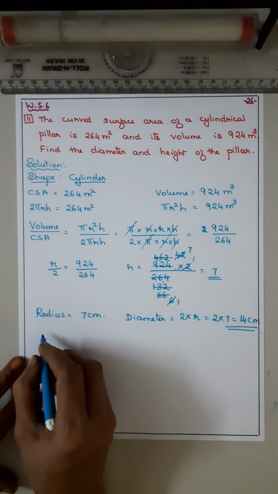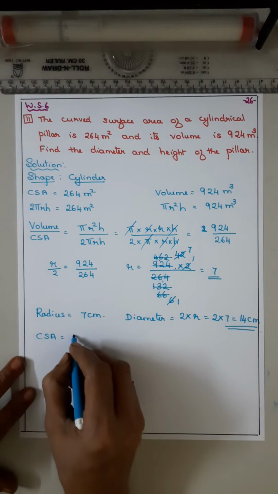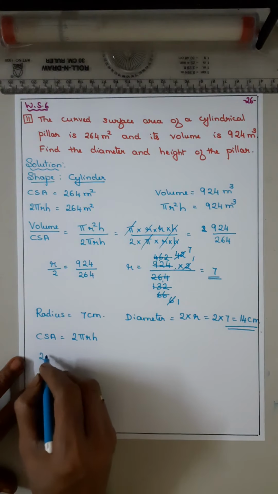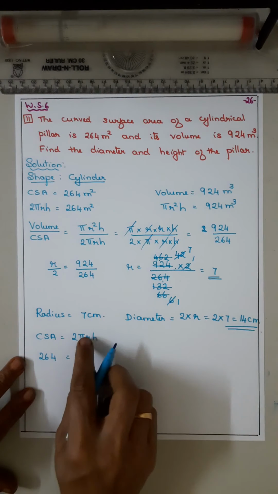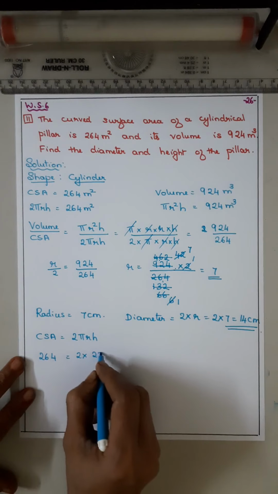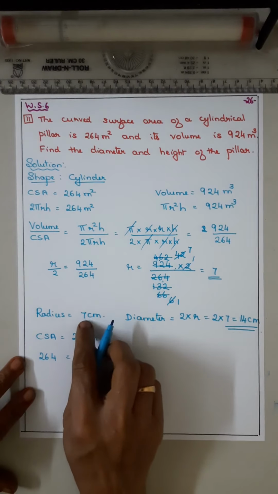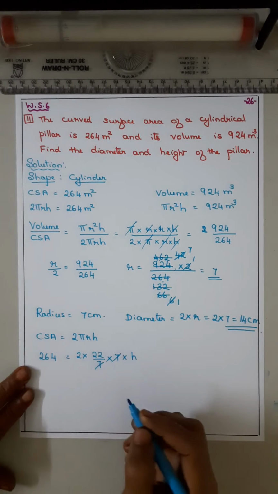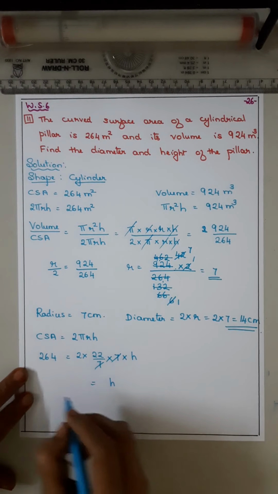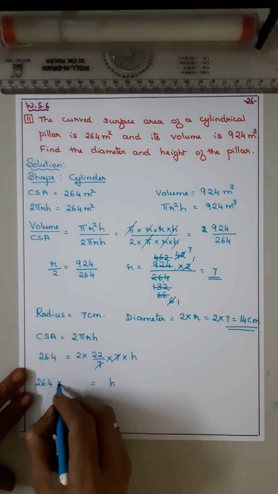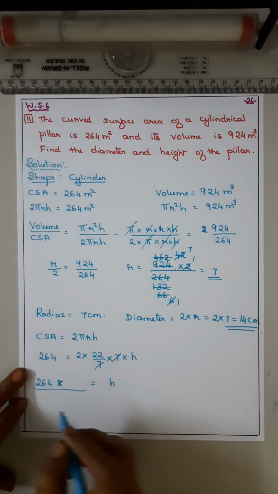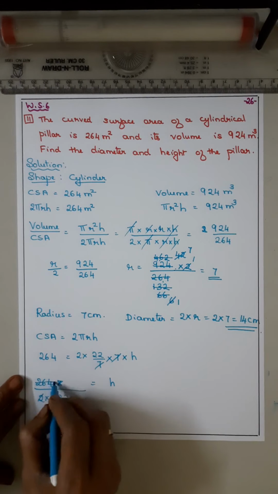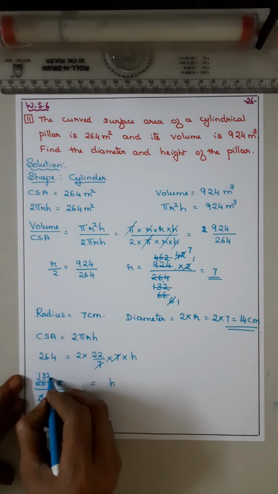So we will be writing CSA is equal to 2 pi RH. CSA, what is the formula? 264 is equal to 2 into 22 by 7 into R is how much? 7 into H. Now 7 gets cancelled. So H is equal to 264 divided by 2 into 22. 2 1s are 2, 1s are 2, 2 3s are 6, 2 2s are 4.